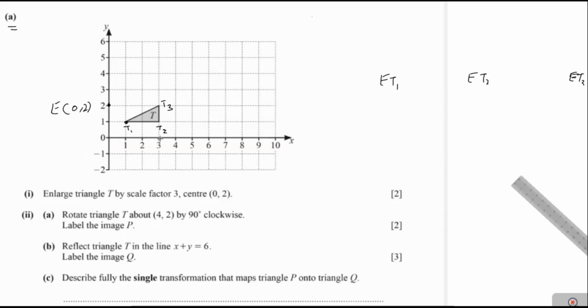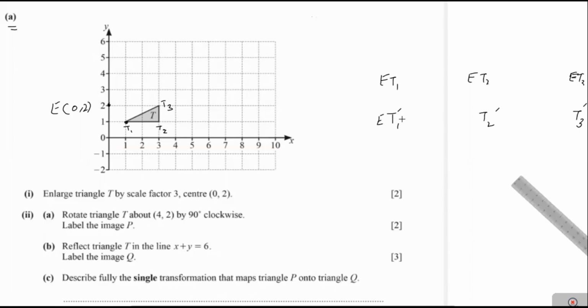Now we suppose that T1 dash, T2 dash, and T3 dash are the image points of T1, T2, and T3 when the scale factor is 3. Now the distance from the center of enlargement to the image points will be ET1 dash.